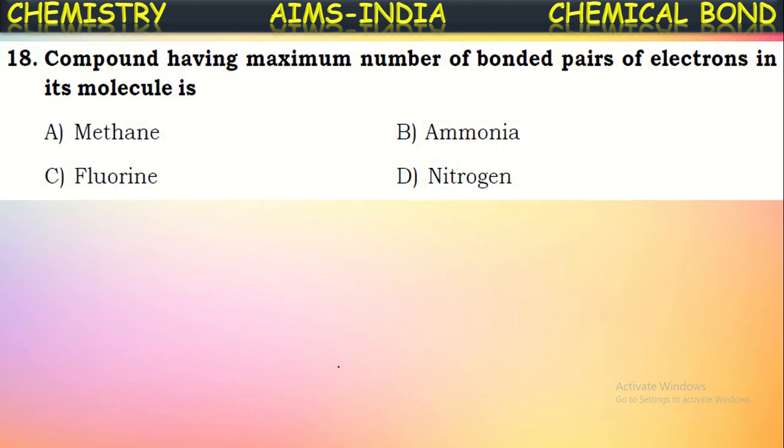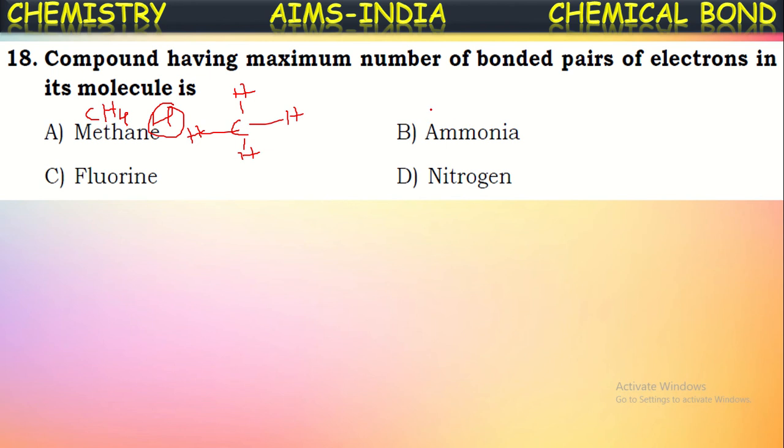Compound having the maximum number of bonded pairs of electrons in its molecule. So in which is the maximum number of bond pairs of electrons there? If you see methane, the molecular formula is CH4, the central atom is carbon. It is bonded with 4 hydrogen atoms. Now how many bond pairs are there? 4 bond pairs, isn't it? 4 bond pairs are there in the methane molecule.